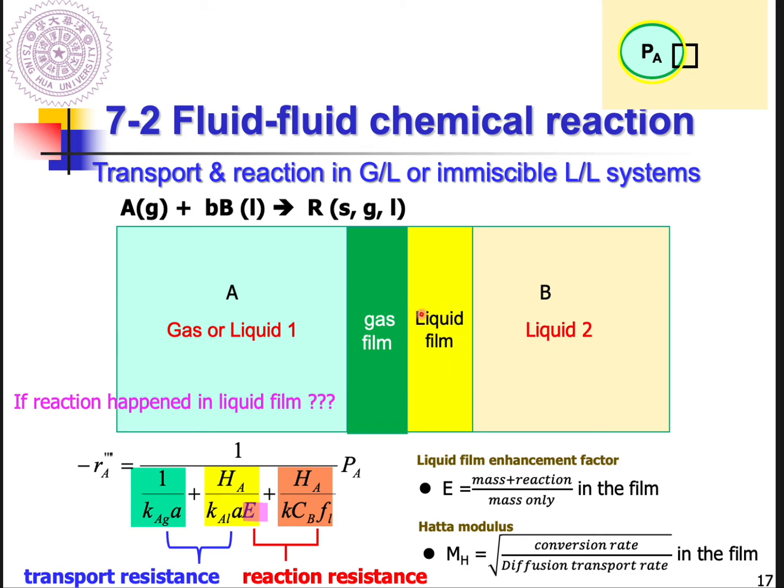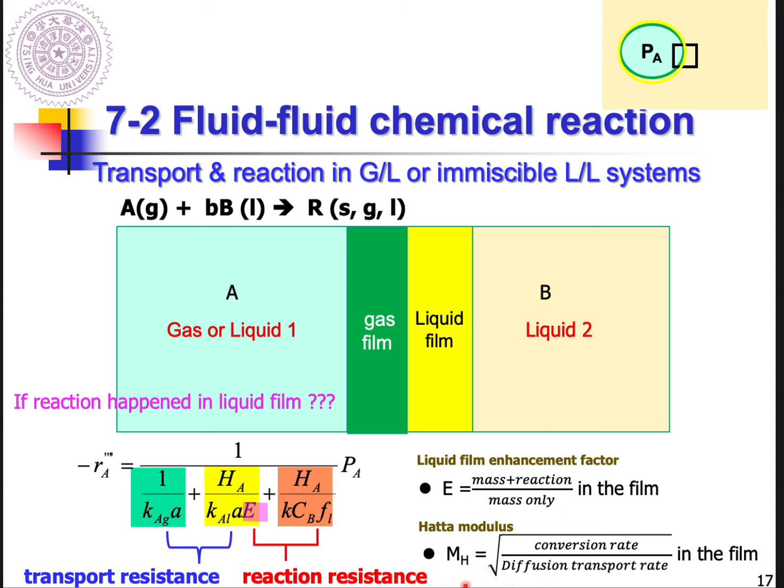So in this kind of case, if the reaction is much faster than mass transport, then the chemical reaction will probably happen in the liquid film only. But if the mass transport is very fast, then the chemical reaction is very slow, so probably most of the chemical reaction happens in the bulk liquid.